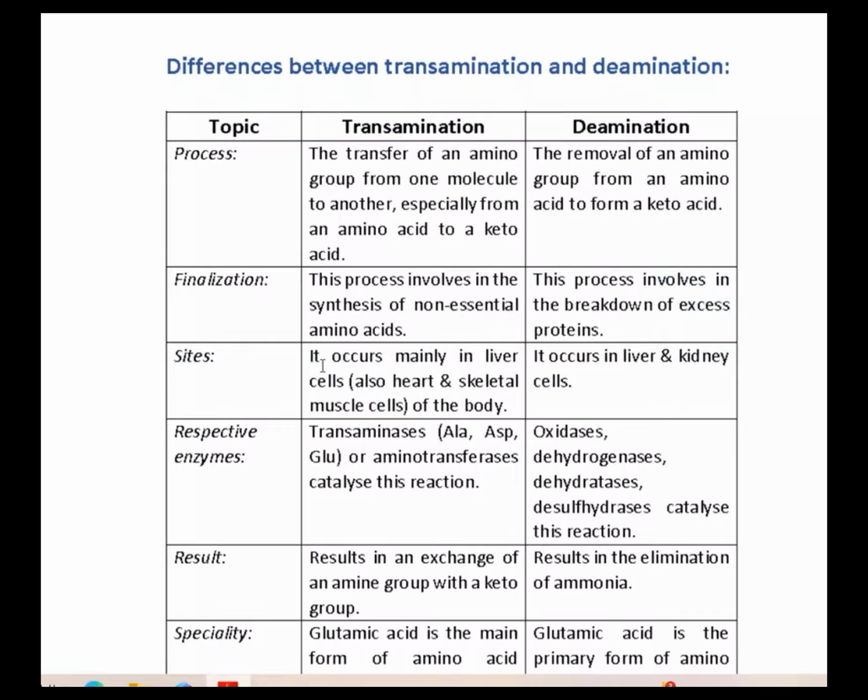Transamination occurs specifically in the liver cells, heart muscles, and skeletal muscles, and deamination occurs in the liver and kidney cells. As for enzymes, in transamination, transaminases and aminotransferases catalyze these reactions, whereas oxidases, dehydrogenases, and dehydratases act as the respective enzymes for deamination.